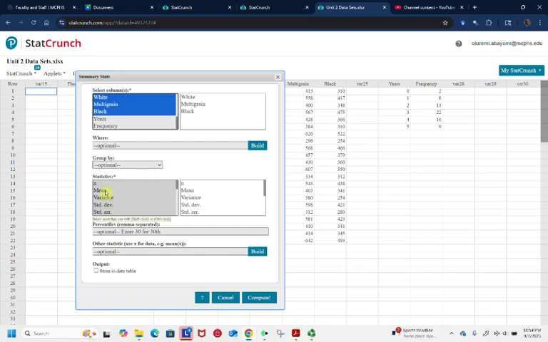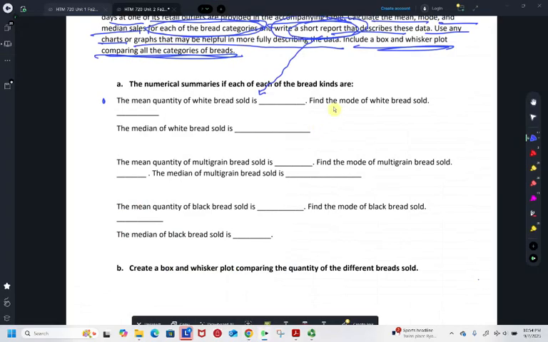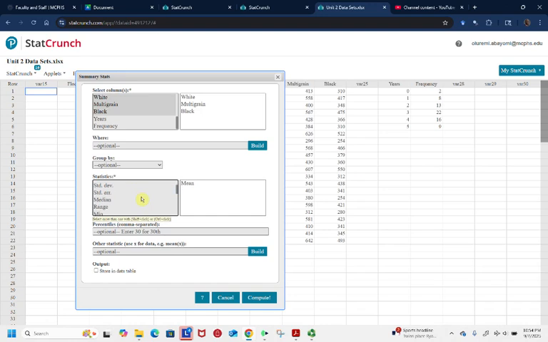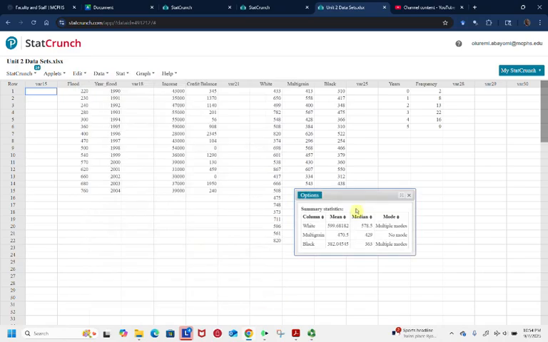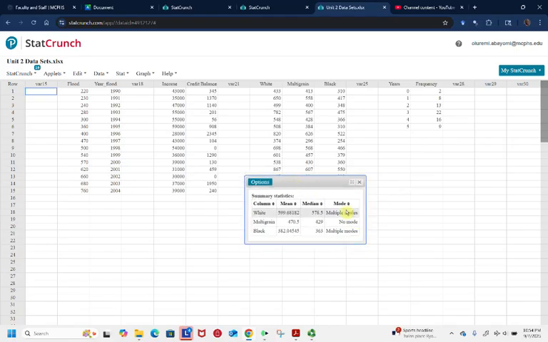We'd like to compute the mean. And back to the question, we also like to compute the median and lastly the mode for each of these. So we compute, and those values are provided here. Okay, so as it stands, we have those data values.